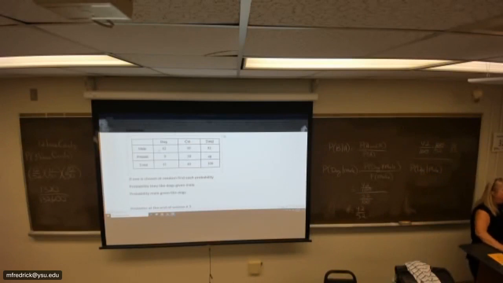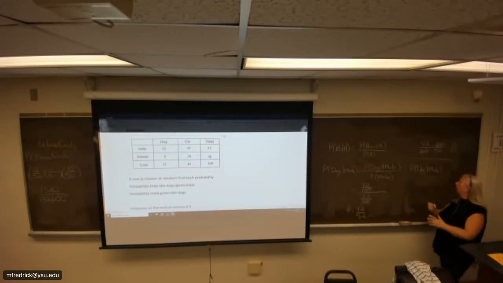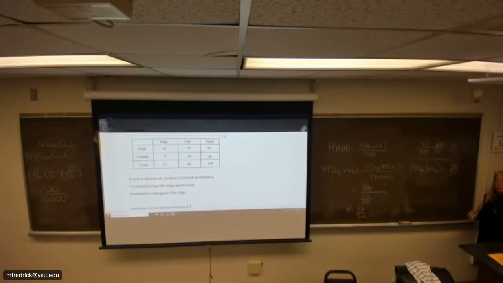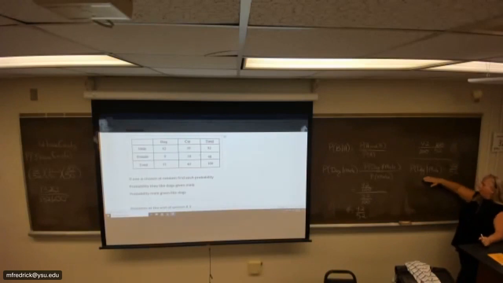So since male was given, we only use the row for men. There's 42 out of the 52. So with a contingency table, and we're going to do a lot with contingency tables, you do want to make sure you understand them.